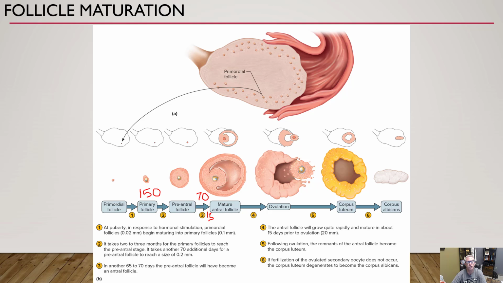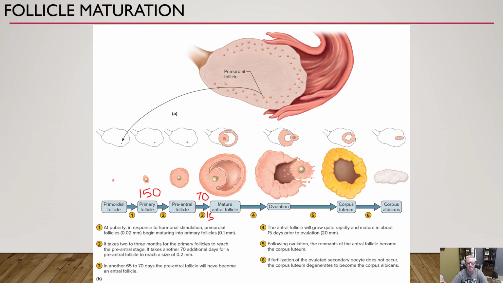20 eggs. So 20 primordial follicles can begin maturing at one time, but only one dominant follicle usually is going to outgrow the others. So even though females are going to start out with 20 eggs that are maturing, only 1, 2, 3 eggs are going to get released.